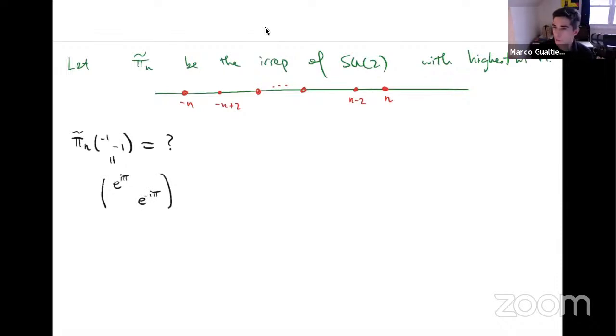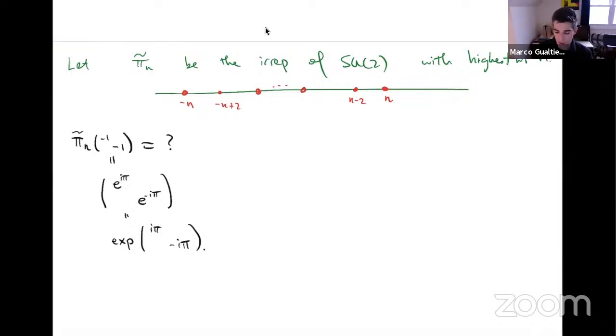Right, e to the i pi is minus 1, and e to the minus i pi is minus 1. But I've written this now as the exponential of pi times a matrix, the matrix i pi, minus i pi.